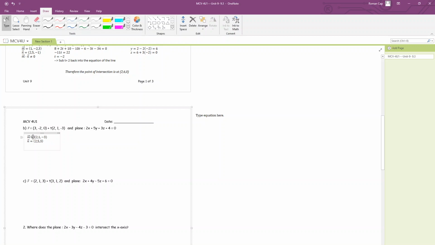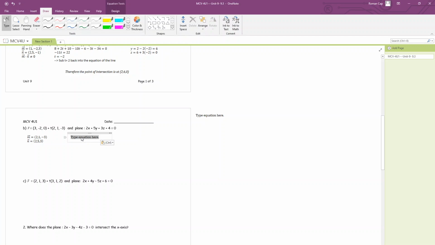So what you can do is the dot product, m dot n, and you'll see that it's actually 0. Another way to do this, which is maybe a little bit easier, is simply changing this into the parametric equation, and then plugging it back into the plane and solving.